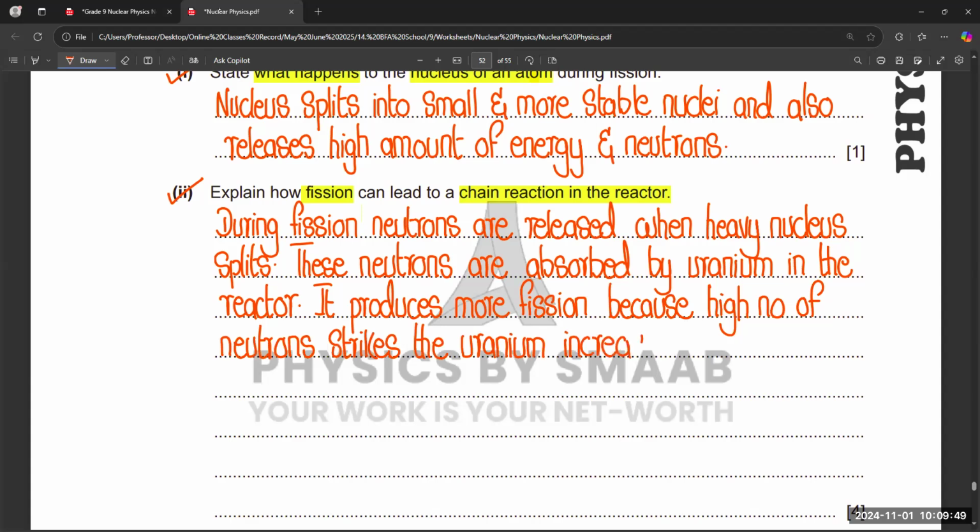It will increase the rate of fission reaction.